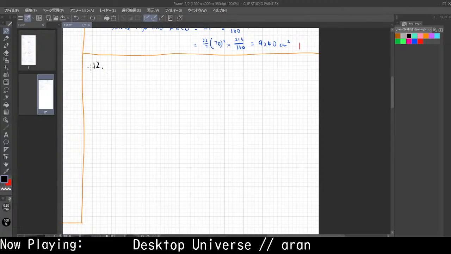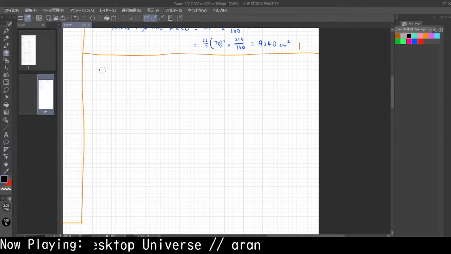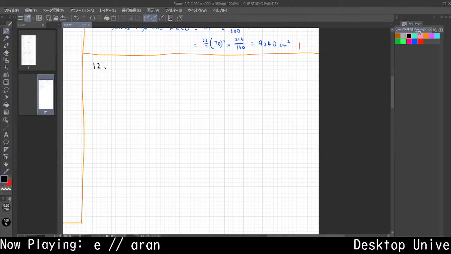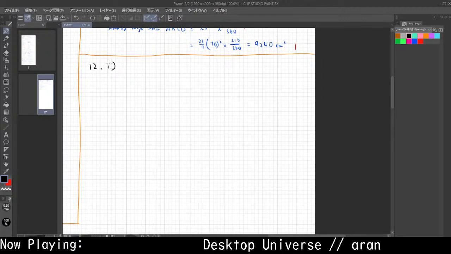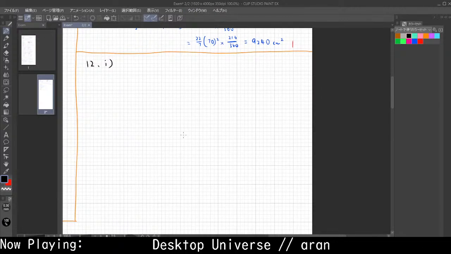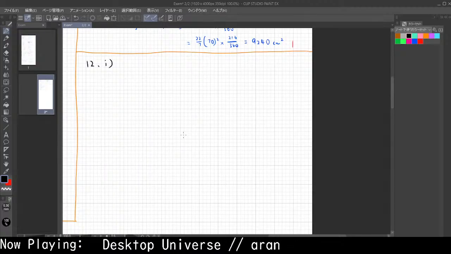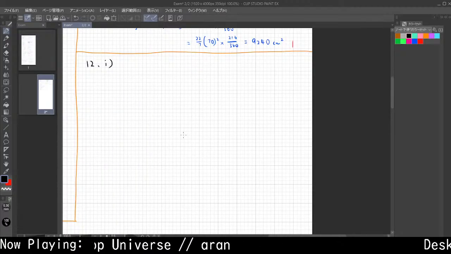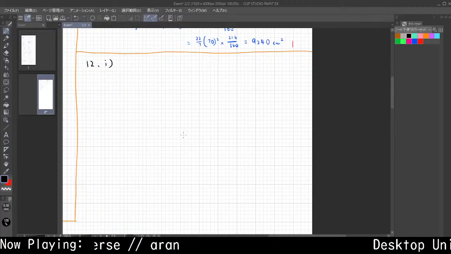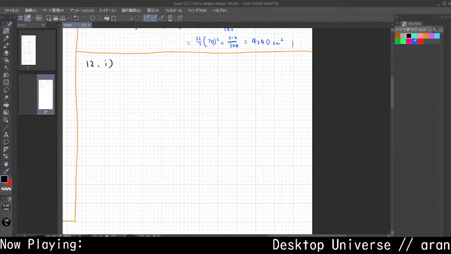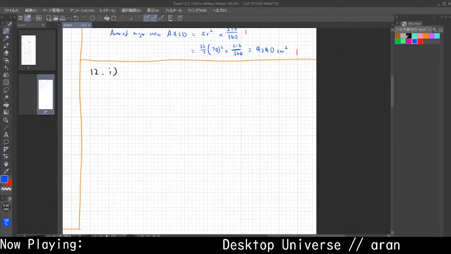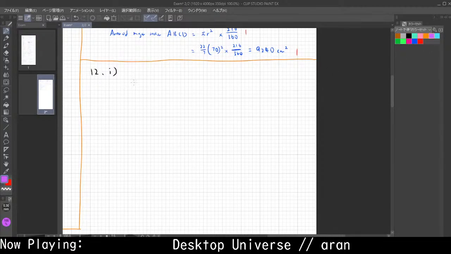To be honest, you don't really have to look at the graph per se, so you can do this. This is part 1. T is a translation of (2, -3). The top number is how you move left or right, your x, and the bottom number is your y, so you move up or down.